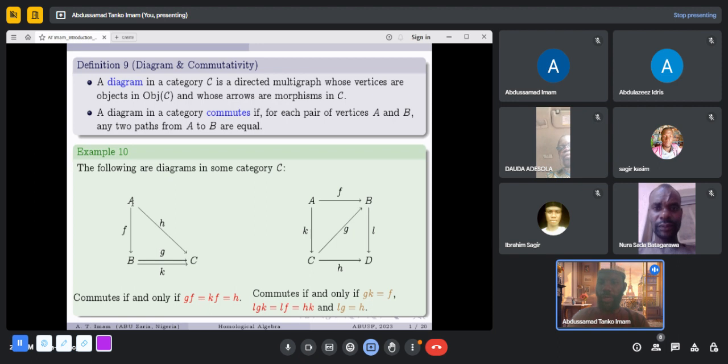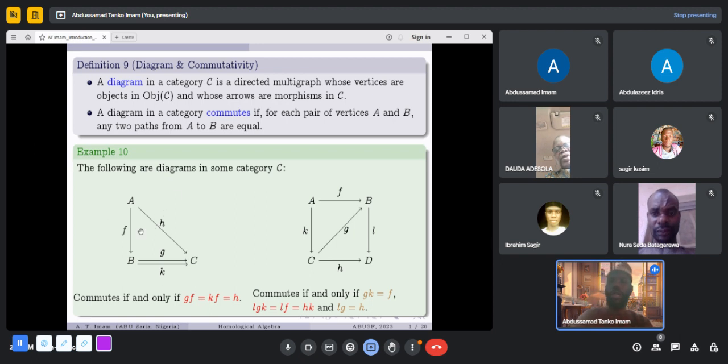So in other words, F composed with G should give me H. Likewise, K after F should give me H. So for this diagram to be commutative, the composition G after F should be equal to K after F, and all that should be equal to H. So it doesn't matter how I compose, and that is what commutativity of a diagram means.